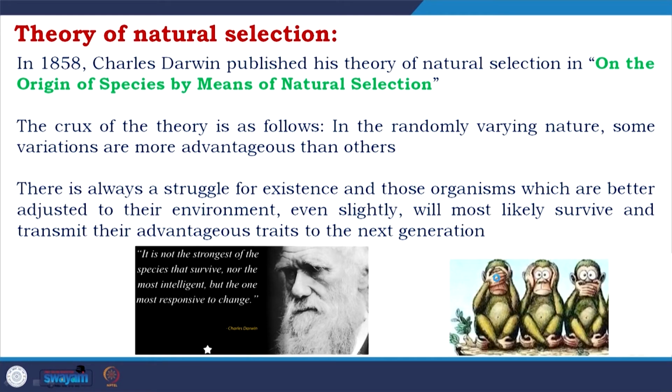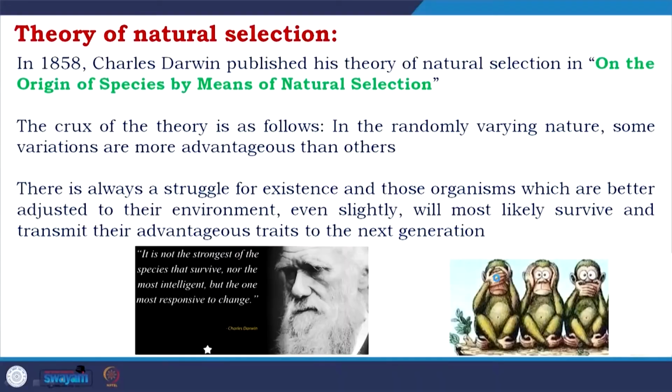This is called adaptation, and if you ask me for an example of adaptation in modern time, I could give you a very good example. If you remember this picture, it shows the three monkeys of Gandhiji, who would not look at anything bad, not listen to anything bad, or not say anything bad.